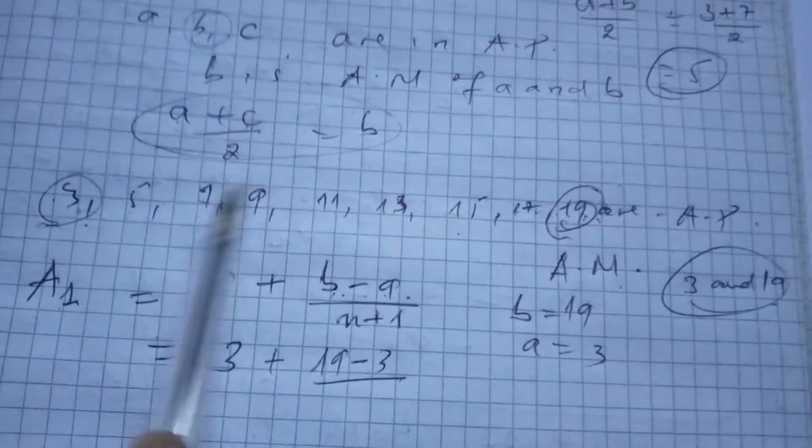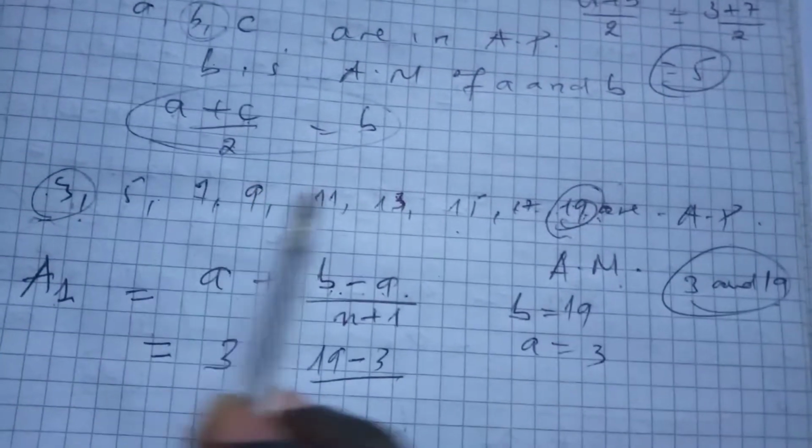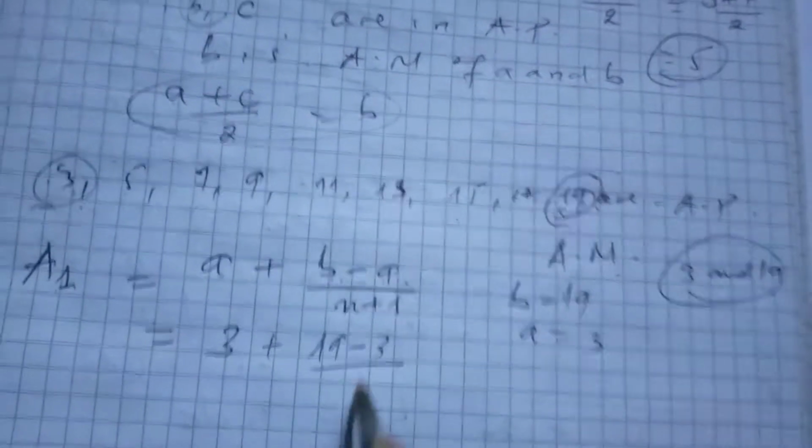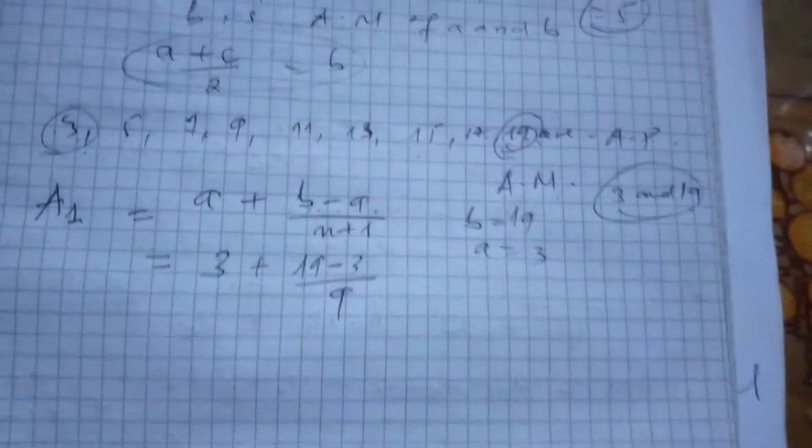The number of terms is 1, 2, 3, 4, 5, 6, 7, 8, 9. So N is 9, and N plus 1 is 10.